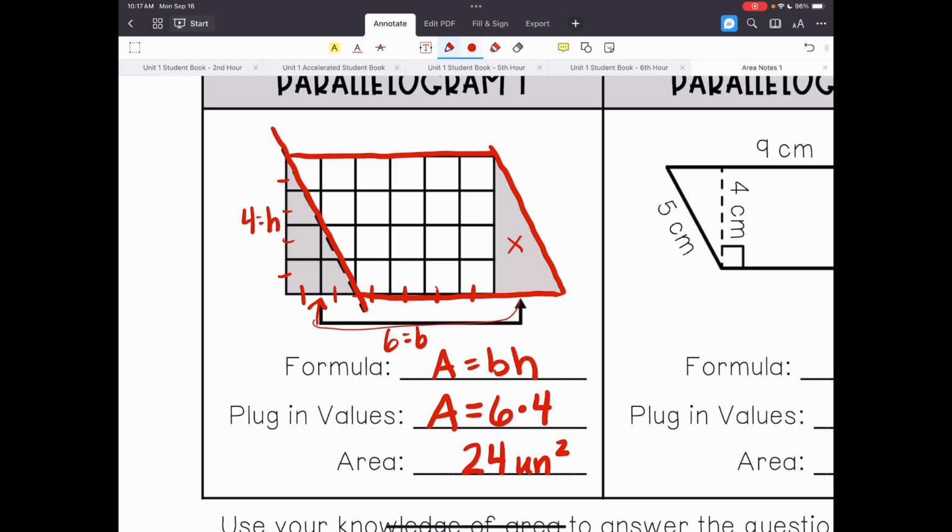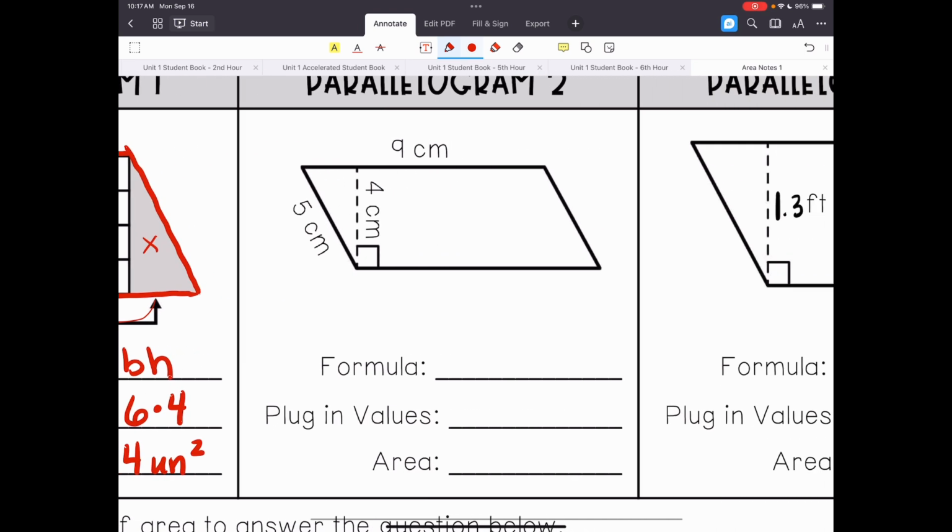In parallelogram 2, we have 3 measurements, and this is where we have to be careful. We said that base is on the bottom. Right now we've got the 9 on top, which is opposite of the 9 on bottom, so we can fill that in. Opposite sides of a parallelogram are equal. We also have this 4 that's going up and down, and this 5 that's on this slant.